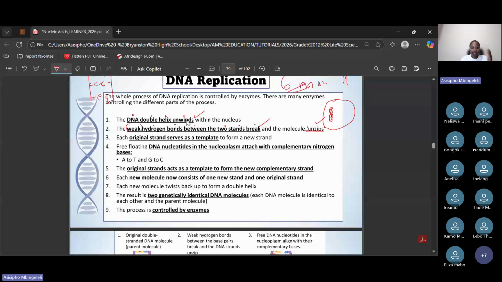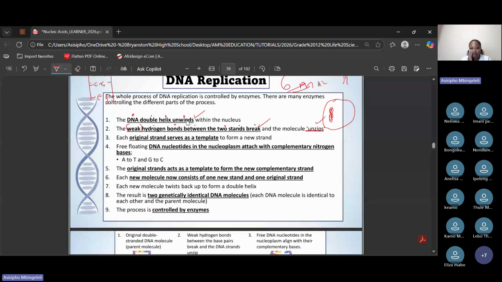You mix the flour and water and milk and eggs first. And then when that is done, that's when you put everything in the oven. So if someone were to ask you the steps that you need to follow when you're baking, you're going to say that. You're not going to say, put everything in the oven, take it out, add milk, add flour. That makes everything wrong. So the order of this is very important. It unwinds first, and then the bonds break, then the molecule unzips.